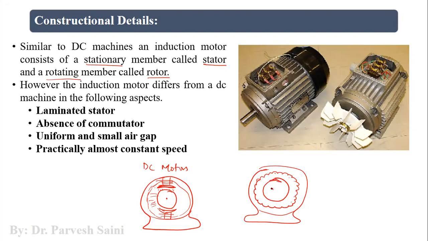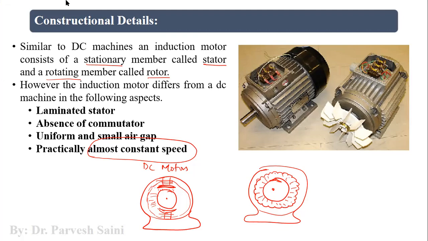So you can see we have a uniform and small air gap in case of induction motors. And the last is, induction motors can run practically at constant speed. However, a DC motor can have a wide range of speed, right? So we can easily control the speed of a DC motor.